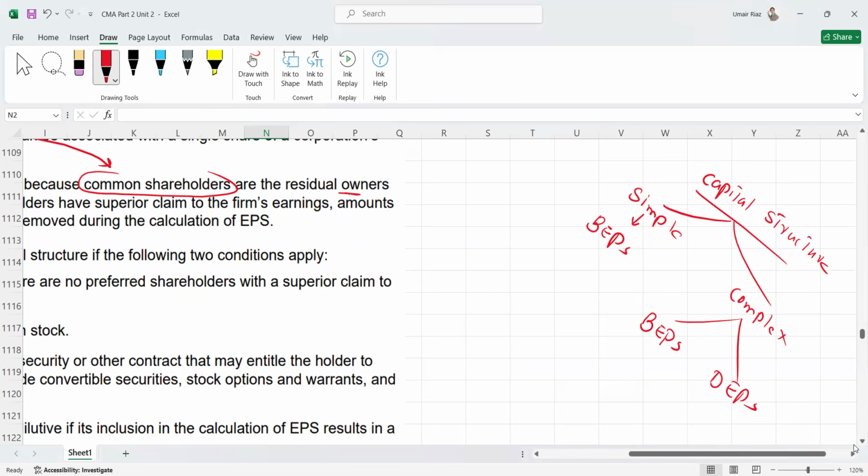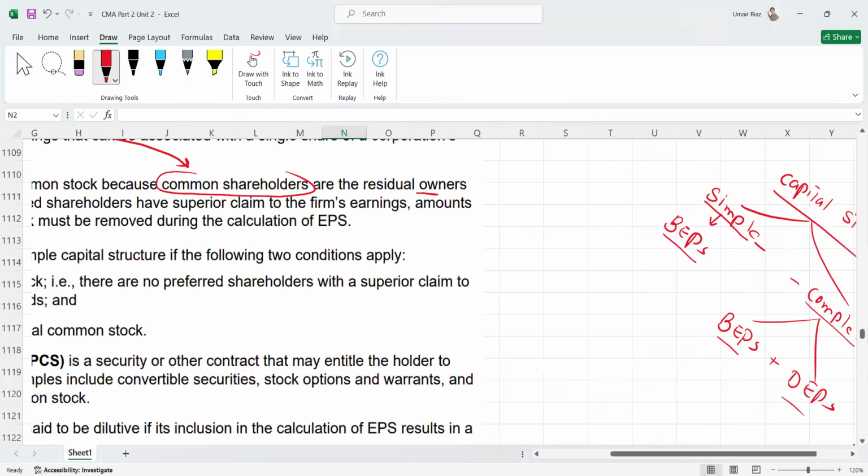Again, if we have a simple capital structure, we need only the basic EPS calculation. But if we have a complex capital structure, we need basic EPS plus the calculation of diluted EPS. Now let's understand what the simple capital structure is, and then we'll see what the complex capital structure is.